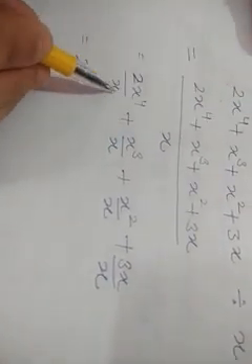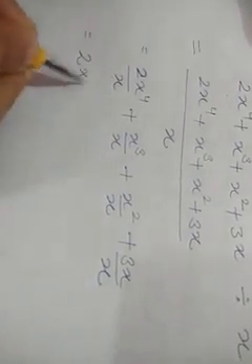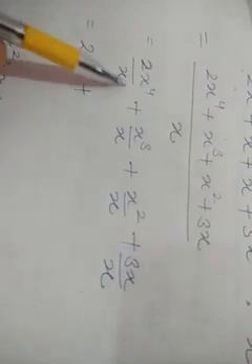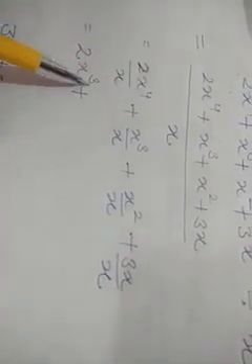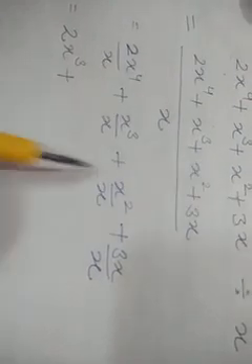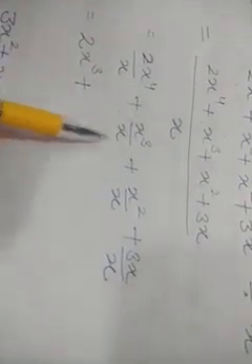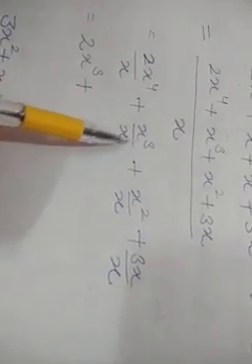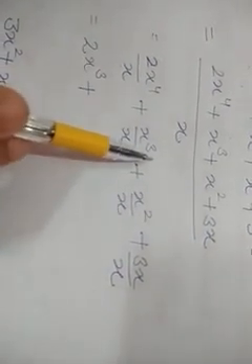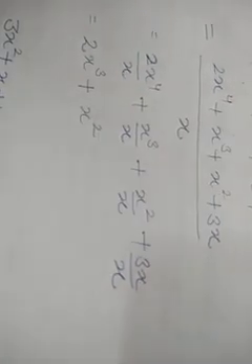It is x power 4 minus 1, so we will be left with x cube. Or you can say x power 4 is cancelled by x, so we will be left with x cube. Similarly, x cube upon x: the base is the same, so by the rule of exponents, x power 3 minus 1, we will be left with x power 2.